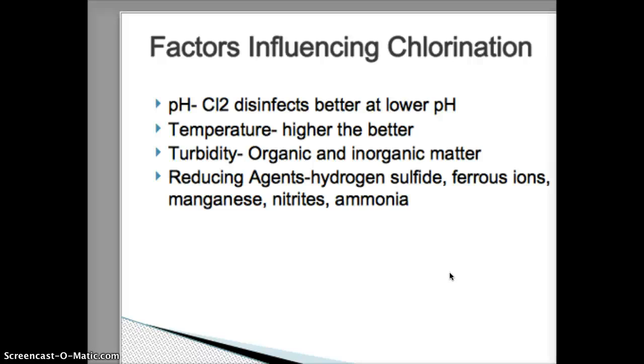We know that the problem with turbidity is that little critters and bacteria and pathogens can hide behind suspended particles and solids. And also the amount of reducing agents in the water: hydrogen sulfide, ferrous ions, manganese nitrates, and ammonia. The more you have, the more it's going to influence your chlorination.